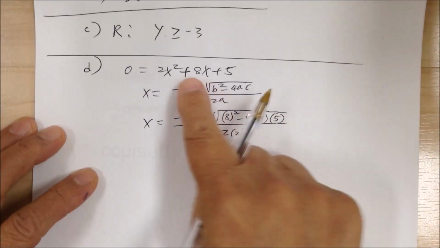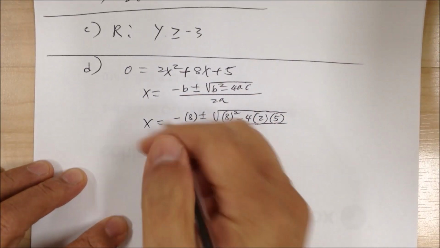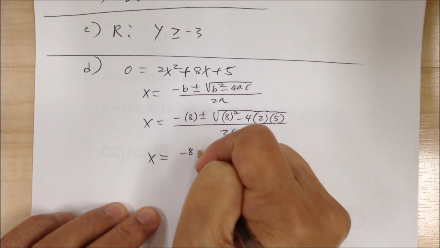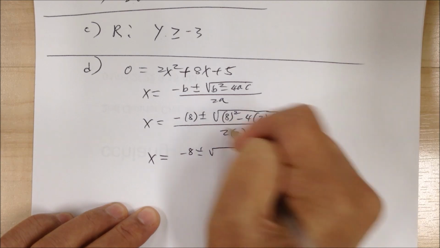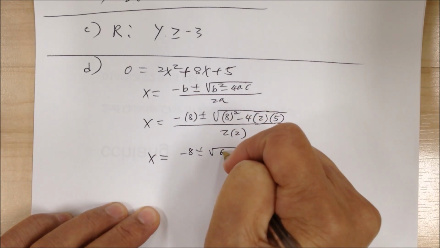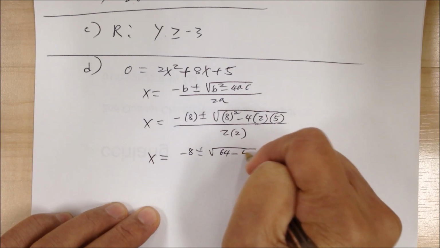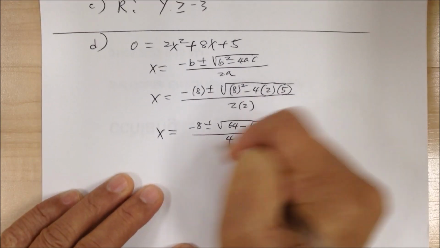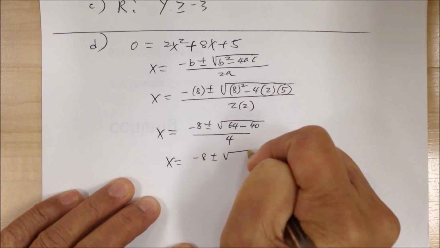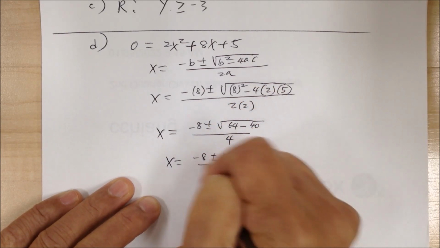So substitute your a, b, c in there and just go and work it out. Get your calculator and work out this part. So you're going to get 64 minus 40 over 4. So x will equal negative 8 plus or minus the square root of 24 over 4.